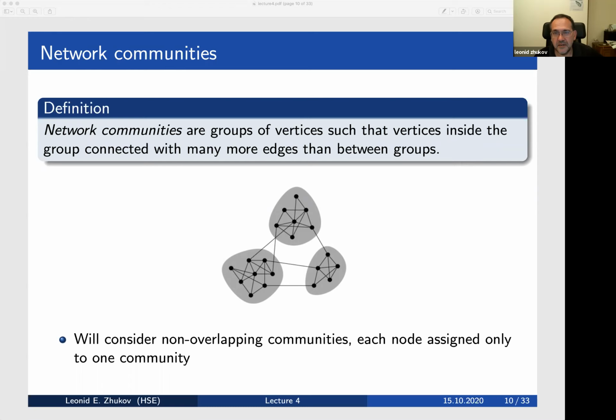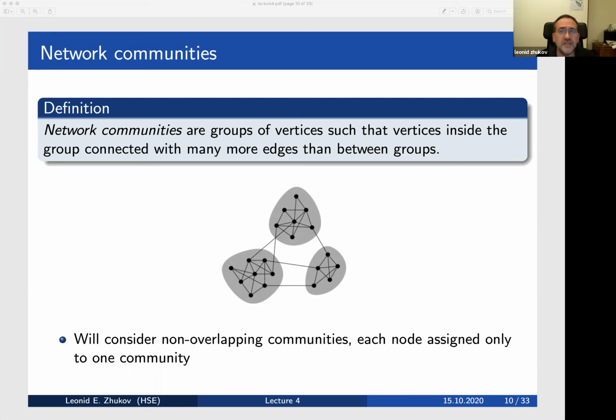And that's typically being used by data scientists, by network scientists. You notice that it is not precise in the mathematical sense. It just says, okay, community: a group of nodes with more connections within the group than between groups.